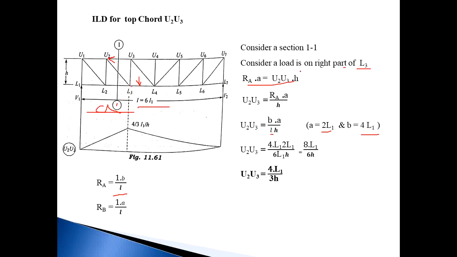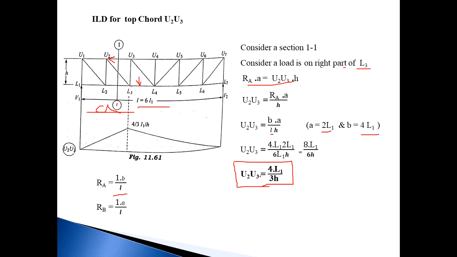Whether you consider the right part of the section or the left part, the force in member U2U3 does not change. So U2U3 is 4 L1 upon 3H. L1 is just each segment, the common or constant span of the truss.